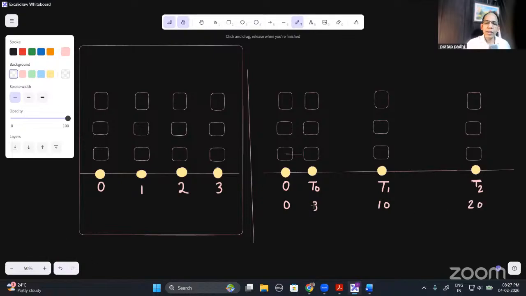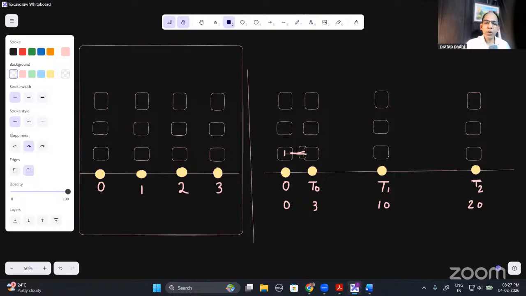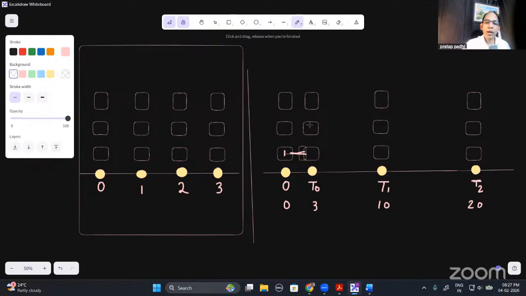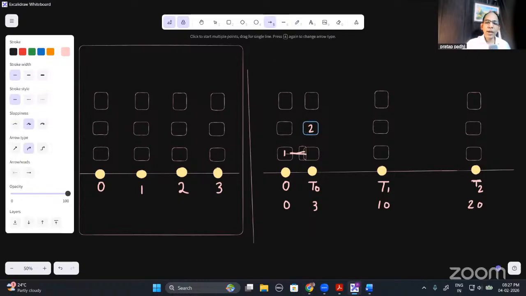So what will happen is I will change my state from 1 to 2. I will continue to stay up to this. Just before this, I can say the continuous time. I will make a transition only here.